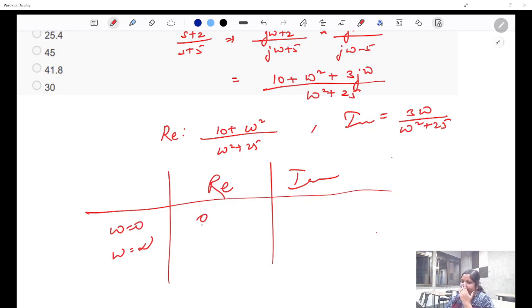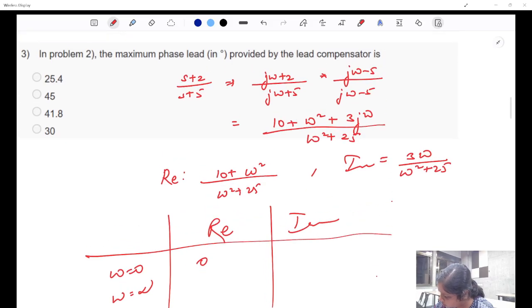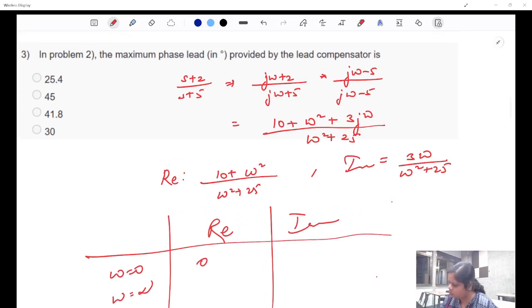Student: Hello, ma'am. One doubt. You are multiplying with the conjugate, but you multiplied with jω minus 5. Is it okay? Yes, I multiplied by the conjugate. Oh, okay, I understood.